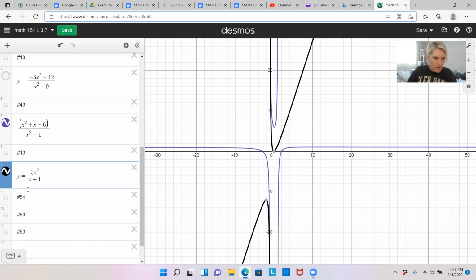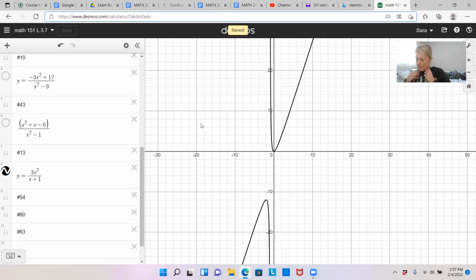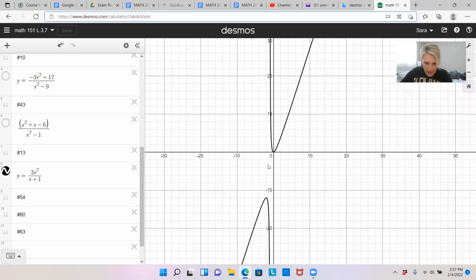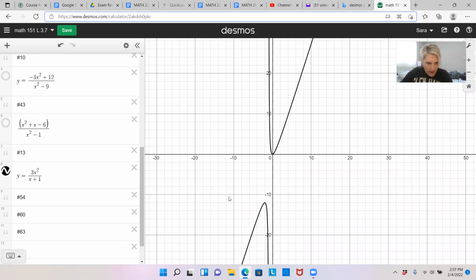Let me turn off my purple graph here for a minute. I typed that correctly. 3x squared over x plus 1. Okay, so that actually, we have that vertical asymptote is the only thing we have going on in that one.